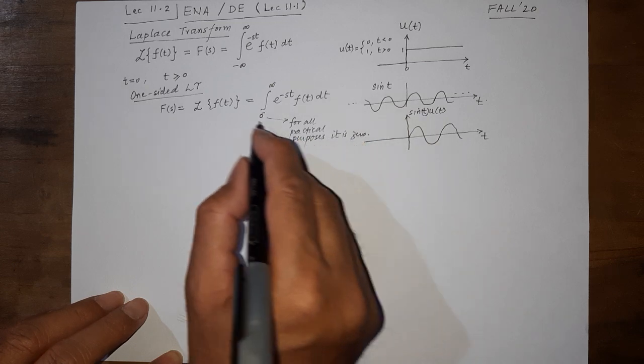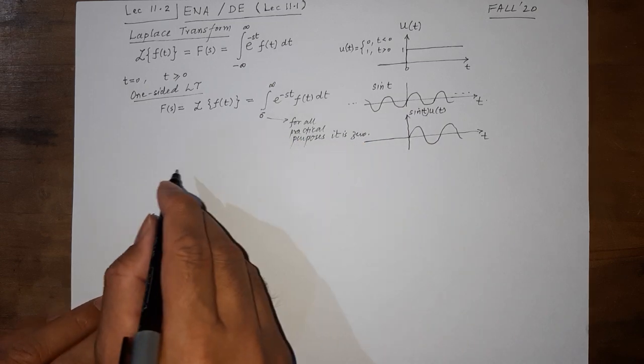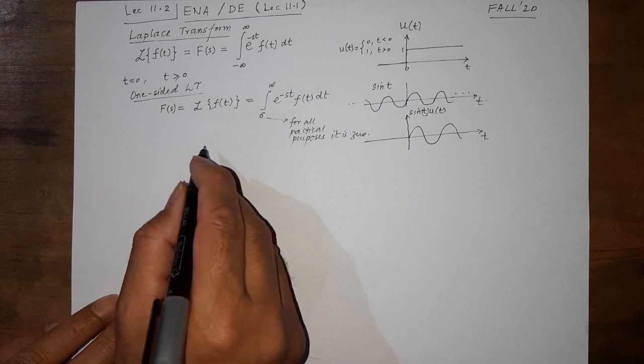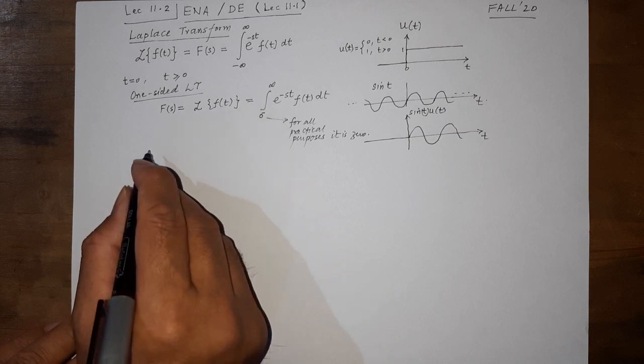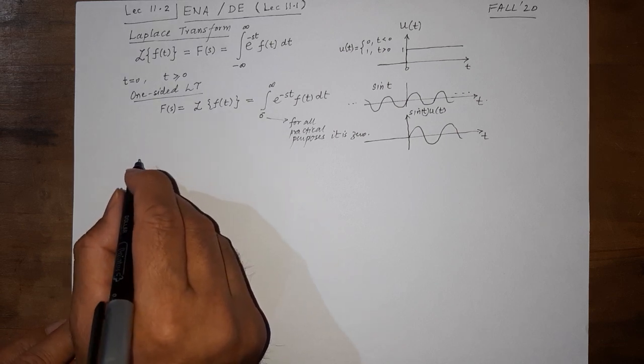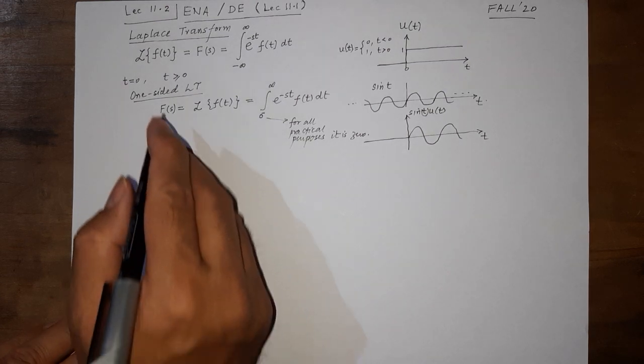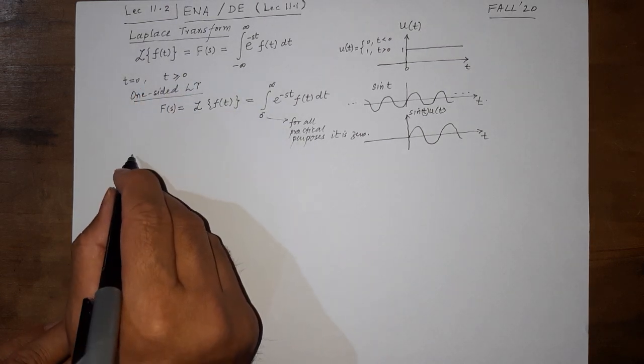So if you have to put 0 minus somewhere, it's 0. We will come to that soon. Okay, so this is how the Laplace transform is defined.